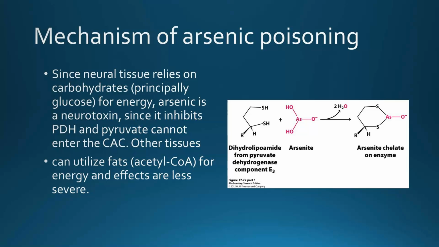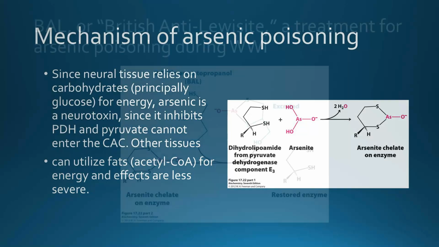These are more for trivia at this point than anything, but also to understand some metabolic disorders. So for example, arsenic poisoning works by this mechanism, basically tying up this lipoic acid cofactor as this arsenite chelate and therefore inactivating the pyruvate dehydrogenase complex.